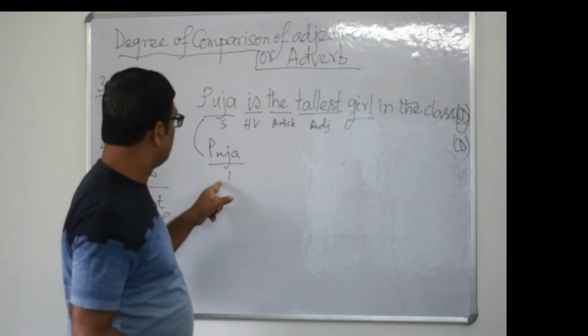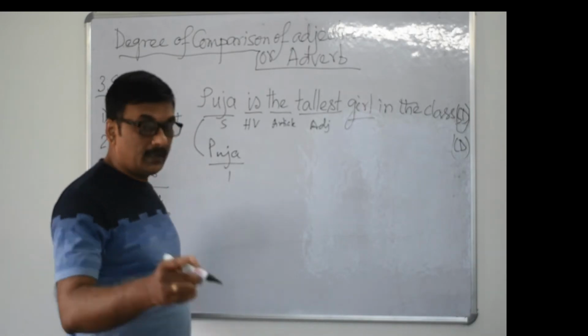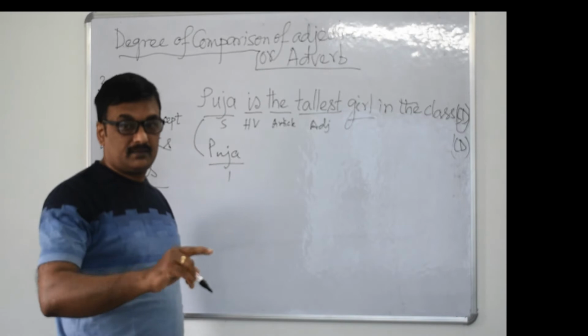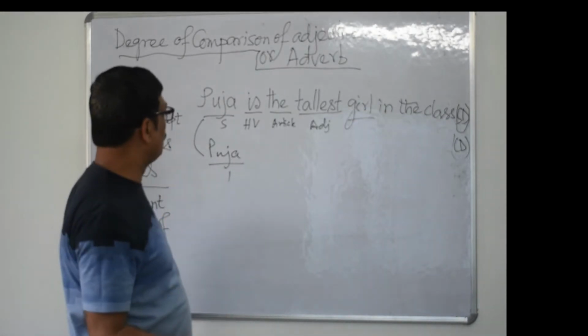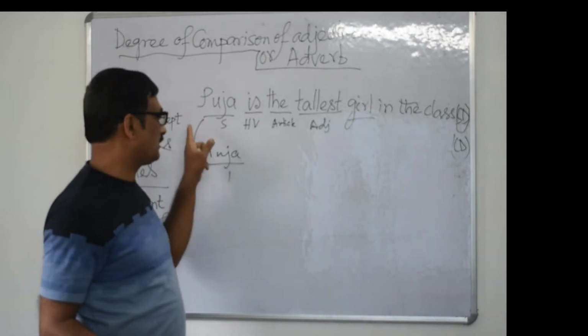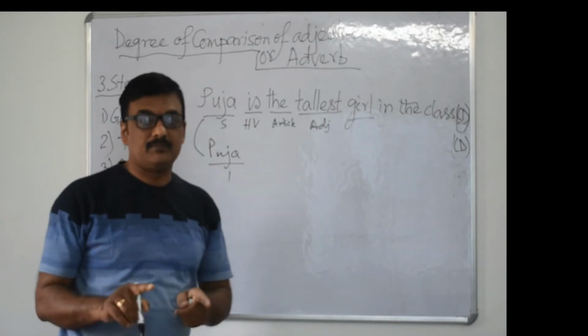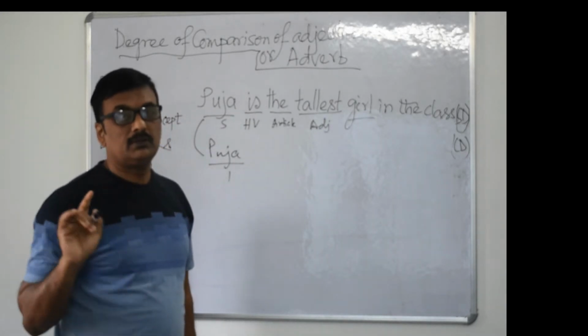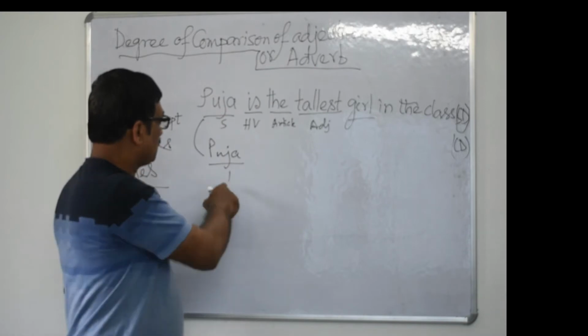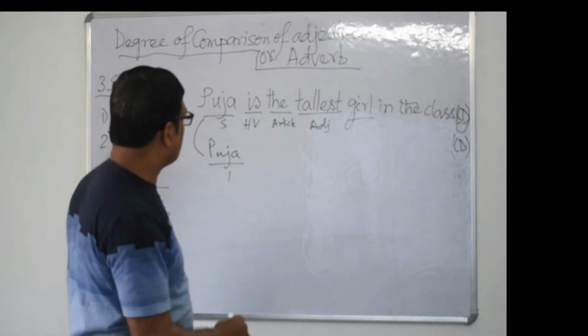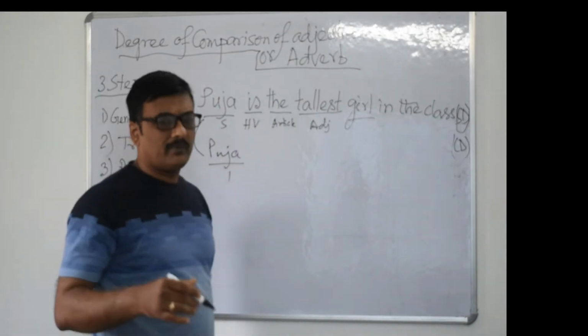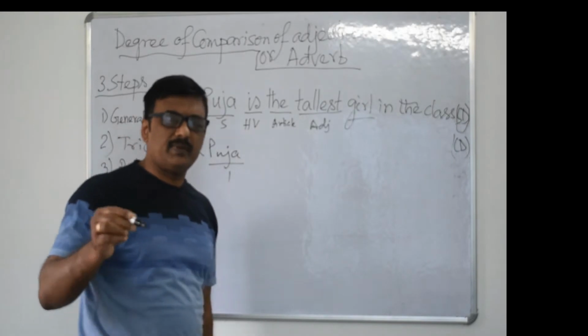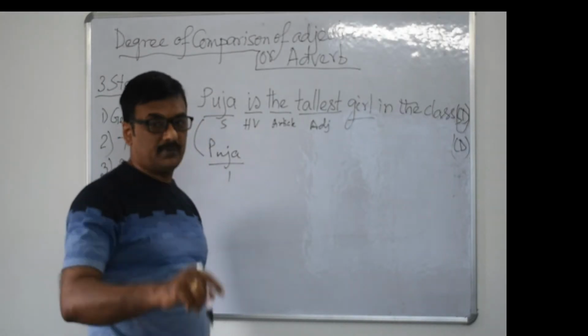That's why we are keeping it. It is the rule that the subject of comparative and the subject of superlative degree is the same. The first rule we just learned now. Next comes the helping verb or be verb. Whatever is used in the superlative degree remains the same in the comparative degree.